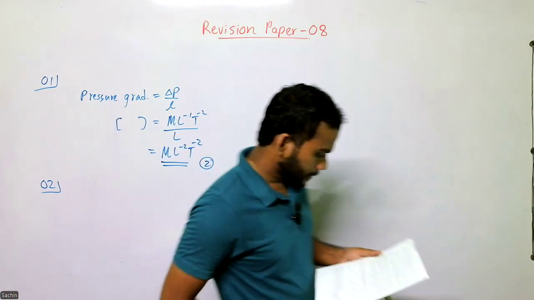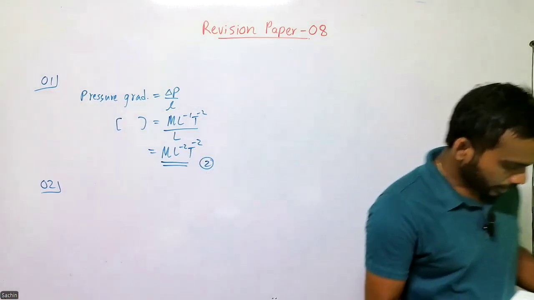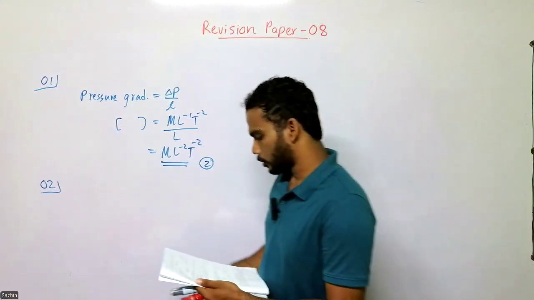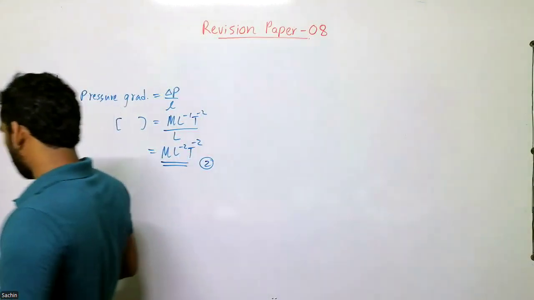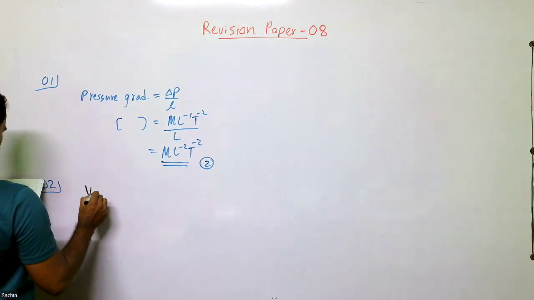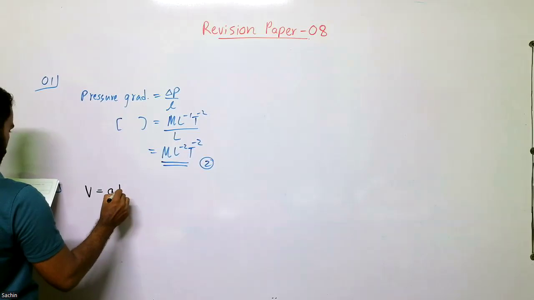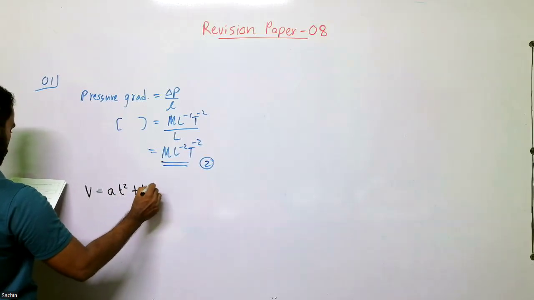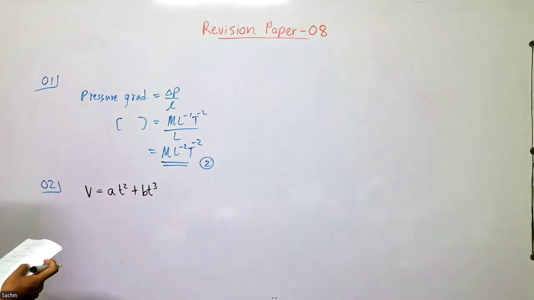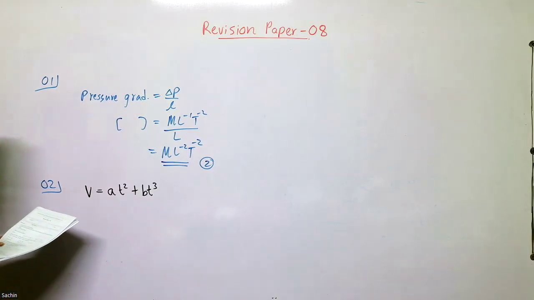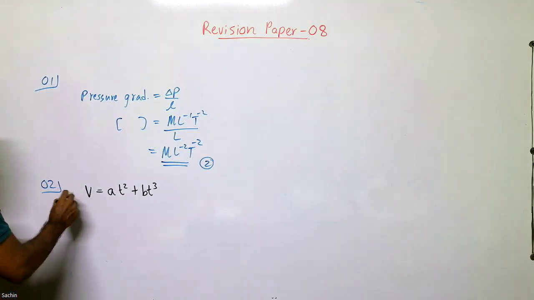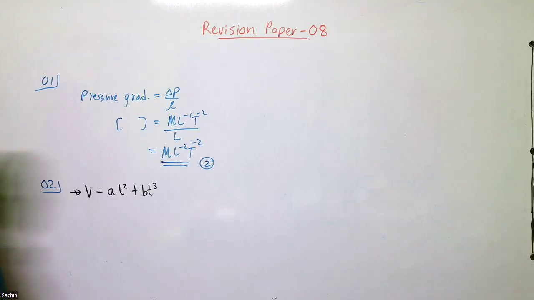Second question, during a short interval of time, the velocity v in meters per second of an automobile is given by v equals a t squared plus b t cube, where the time t is in seconds. The units of a and b respectively. So this is a relationship to calculate the velocity, right?